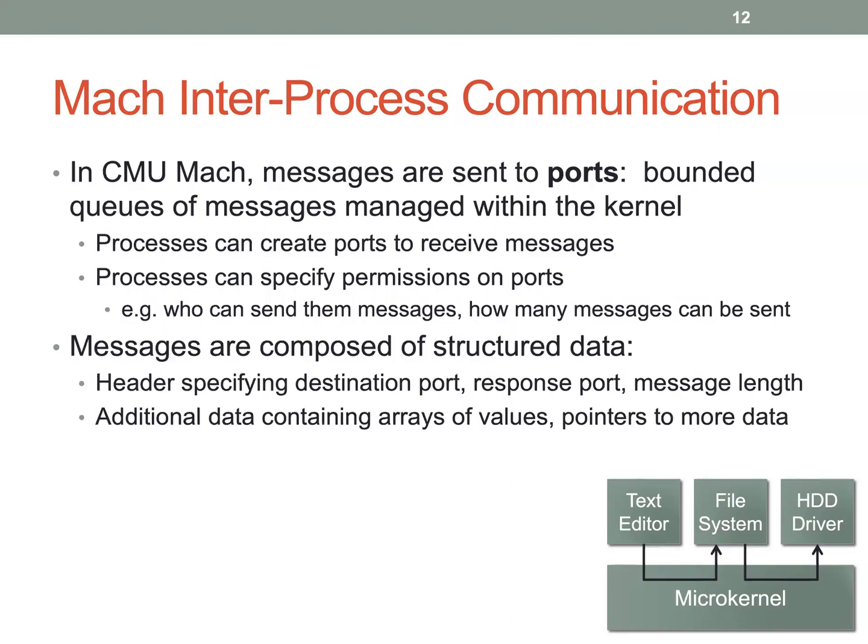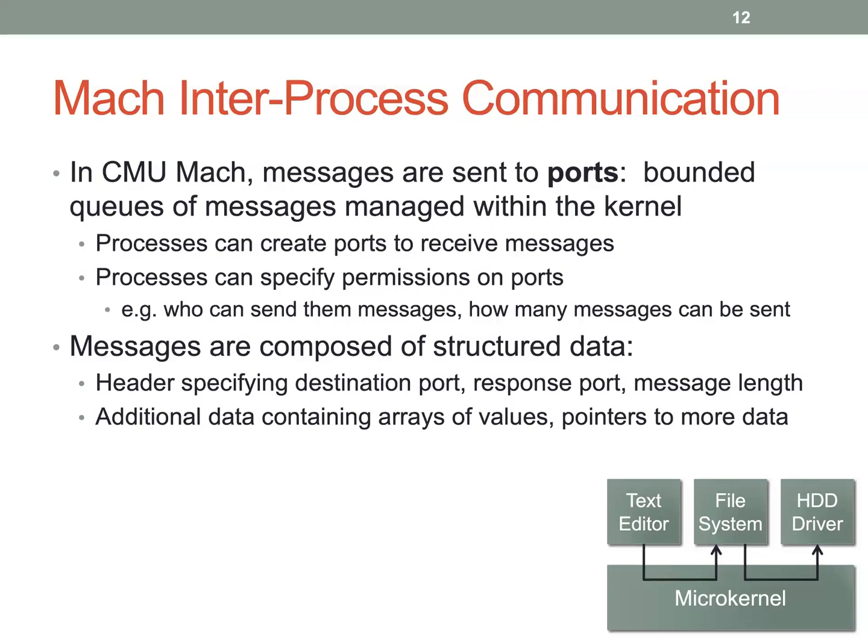Messages are kind of like your C structs, where you can have a C struct with stuff in it, okay? And there's parts of it that say, who's getting this message, and when the process responds, where do you send the response message to? So that kind of stuff. And then you could have, these didn't have to be a single block of memory. And I think that's part of the difficulty that emerged with CMU Mach, in that the message didn't have to be contiguous.